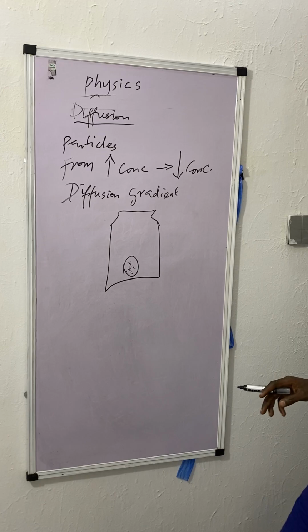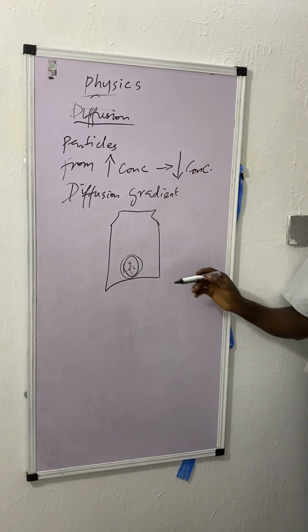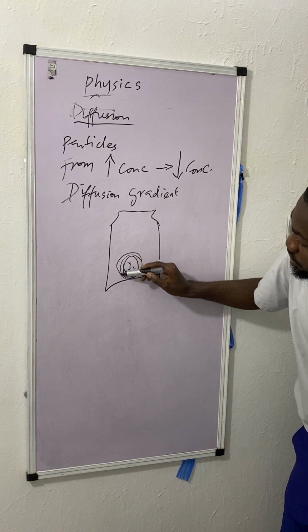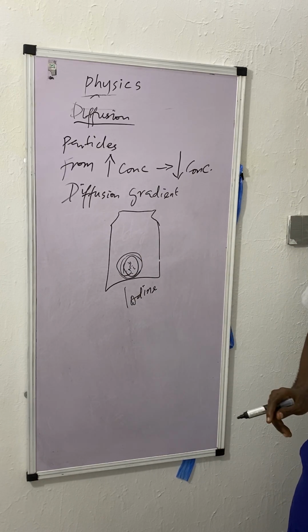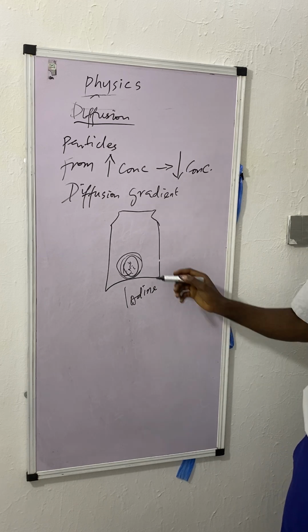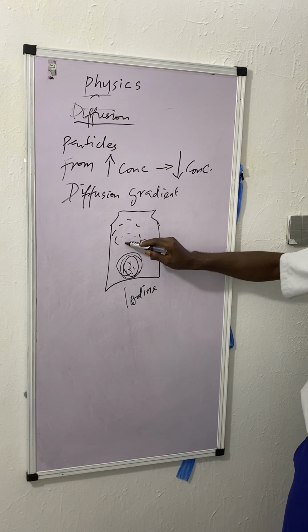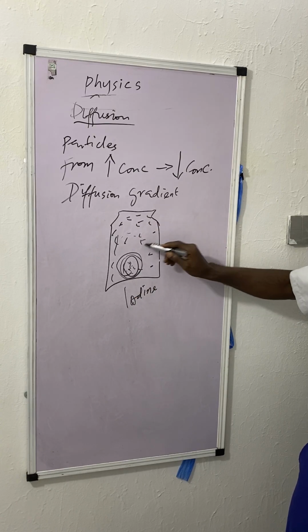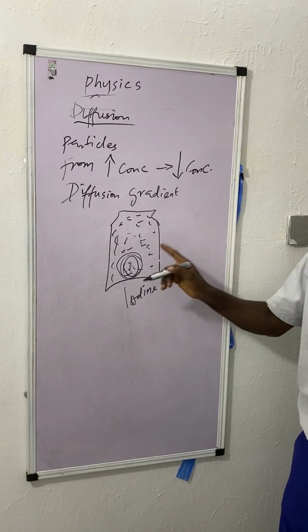If you apply a little heat to the jar, the iodine is going to sublime and turn to gas. When you heat it up, it sublimes and turns to gas. Iodine gas fills all parts of this jar. That's called diffusion, a typical illustration of diffusion.